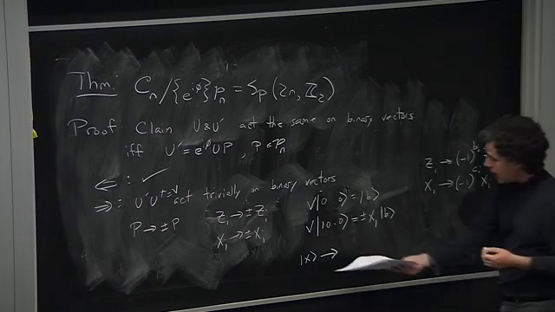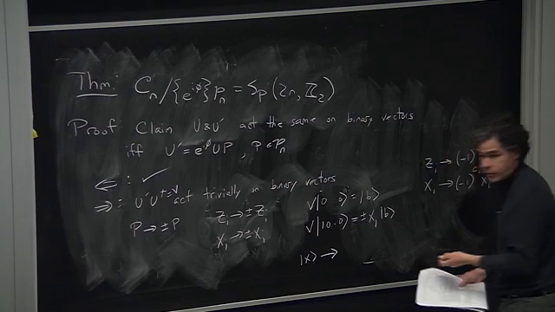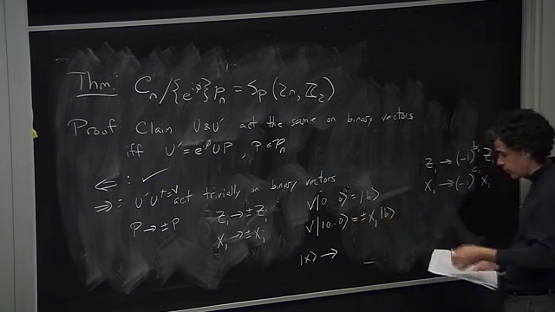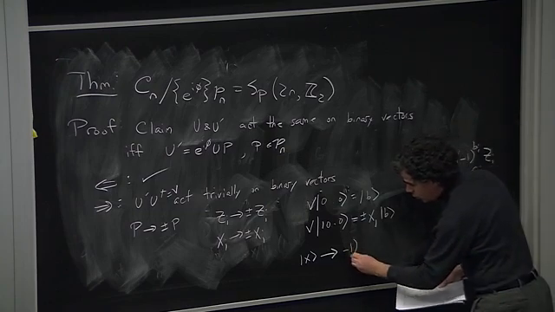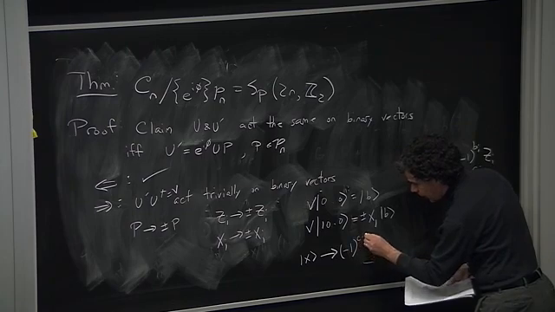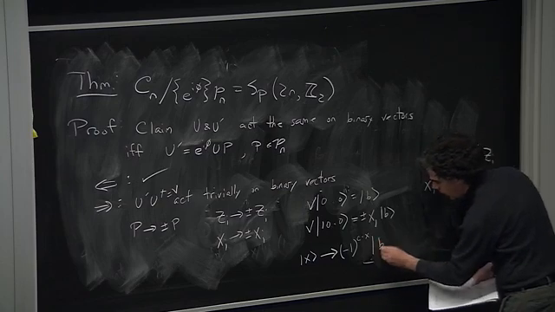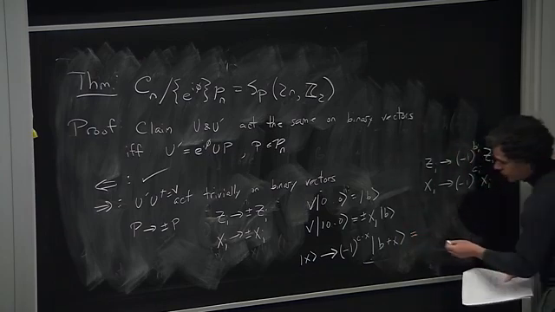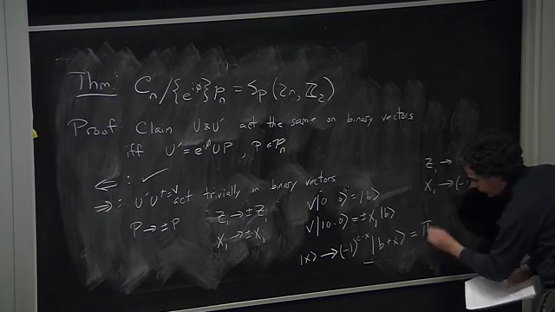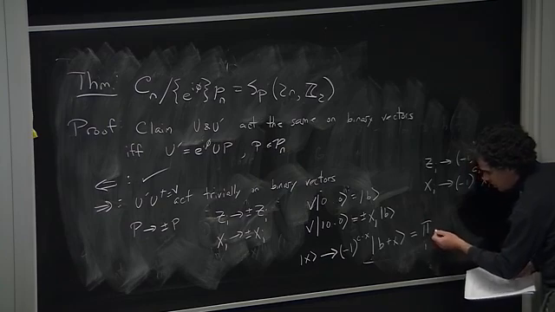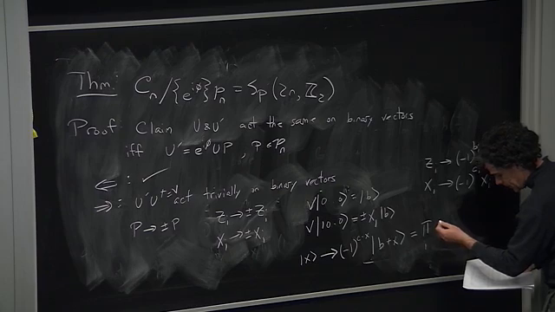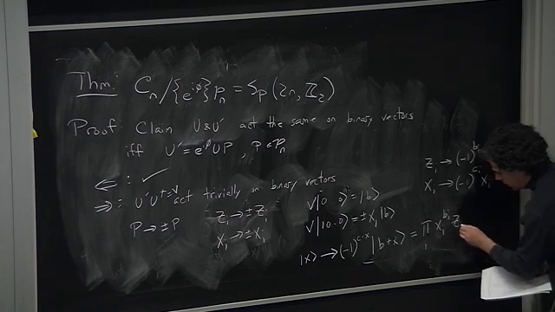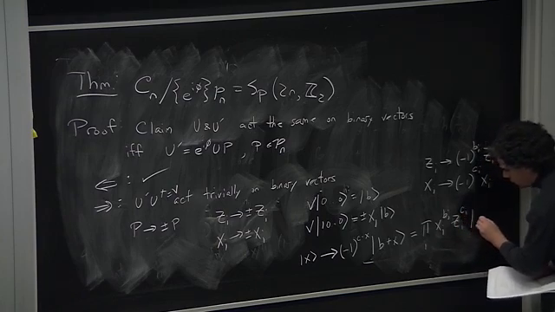And so if we have some general x, well, then what we do is we write it out as a set of bit strings, and we get x1, x2, x3 to the appropriate bit value. And so what we're doing is we're getting minus 1 to the c dot x, and then b plus x. Okay? Which is what you would get if you applied xi to the bi and zi to the ci to the basis state x.